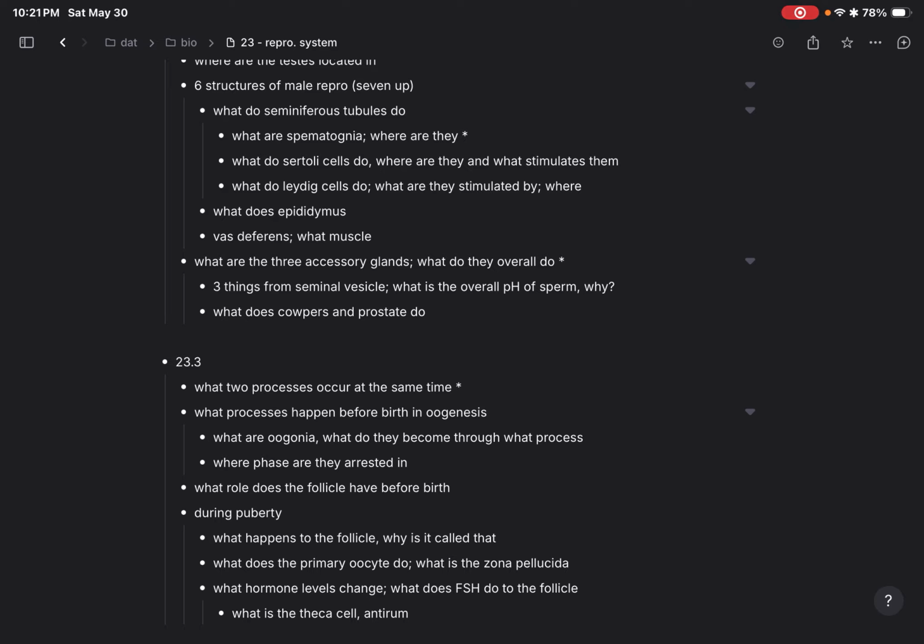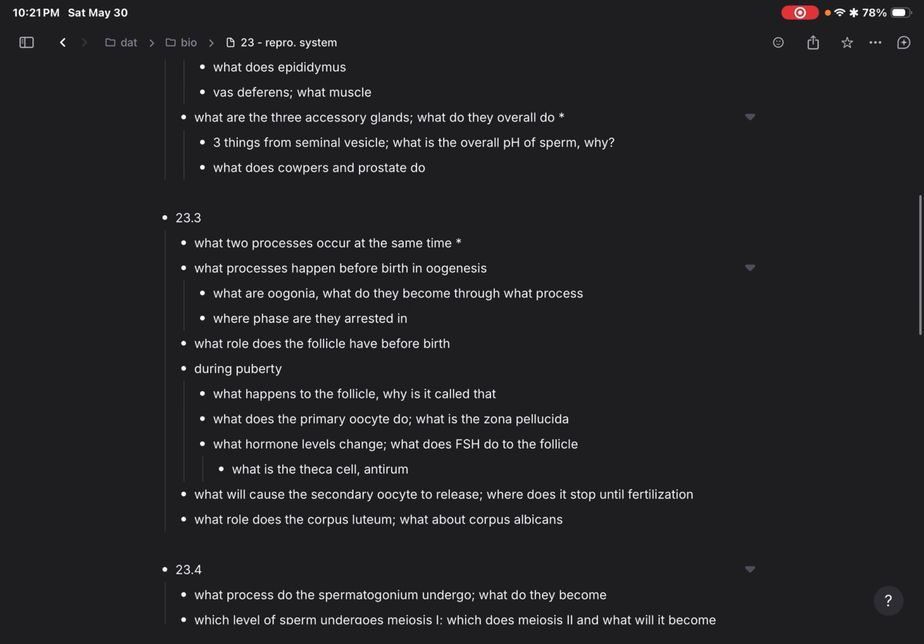However, they'll be arrested in prophase 1, and they will not continue until puberty. So oogonia are the precursor cells. They become oocytes through mitosis. That doesn't make sense, bro. They are arrested in prophase 1.